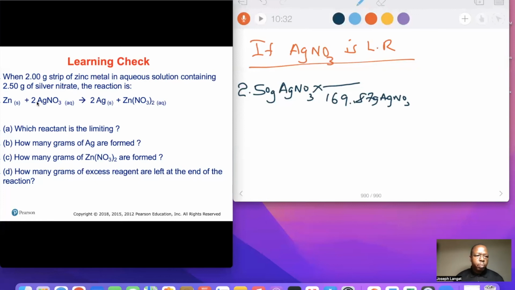And again, you should be able to translate the words to chemical formulas, otherwise you'll miss it.